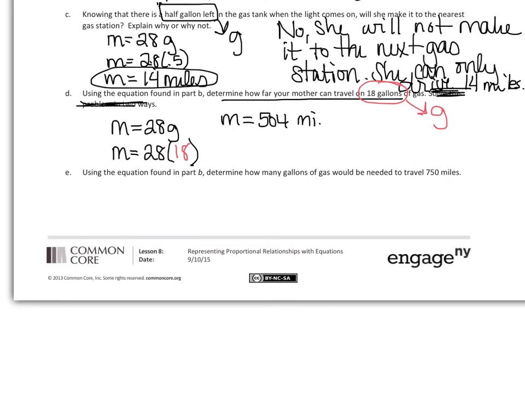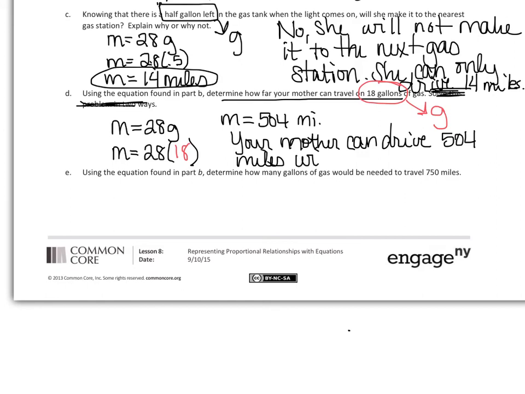So the answer would be your mother can drive 504 miles with 18 gallons of gas.